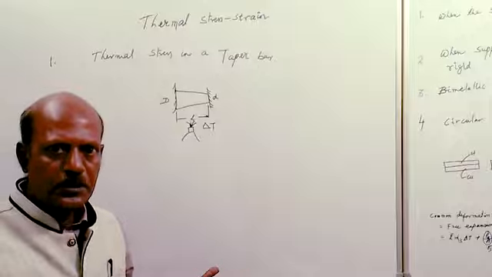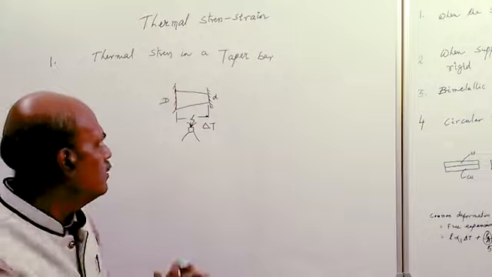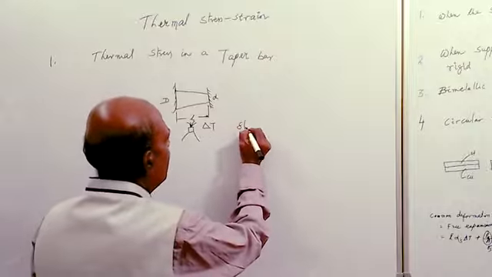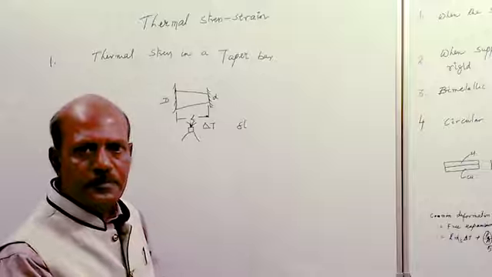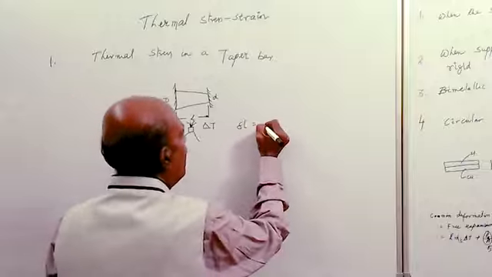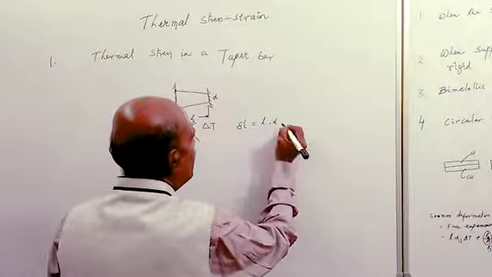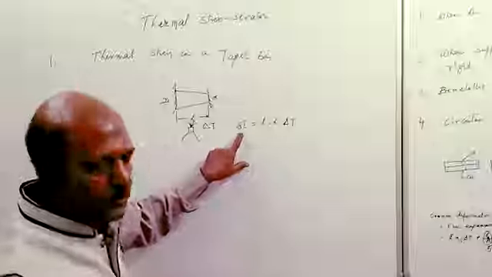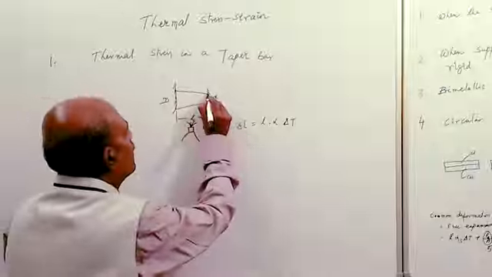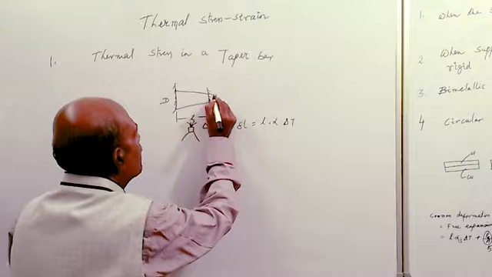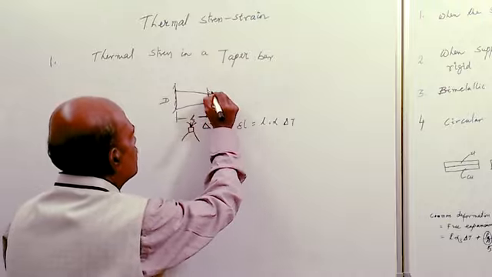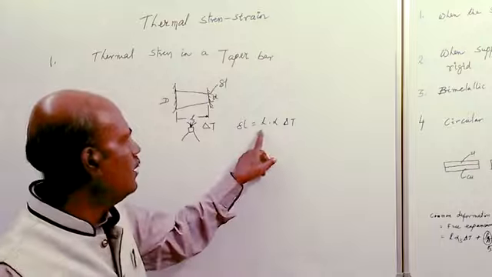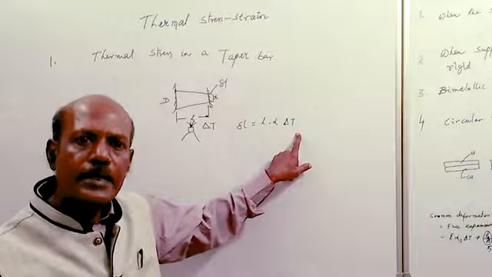Because of this temperature difference, the bar will expand, and the expansion, say delta L, is given by L into alpha into delta T. So delta L is the deformation produced in the taper bar.